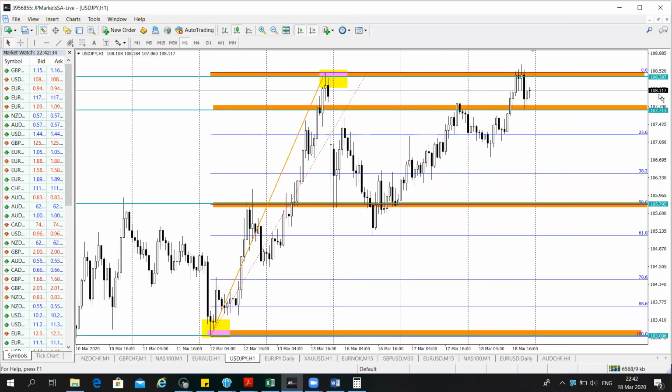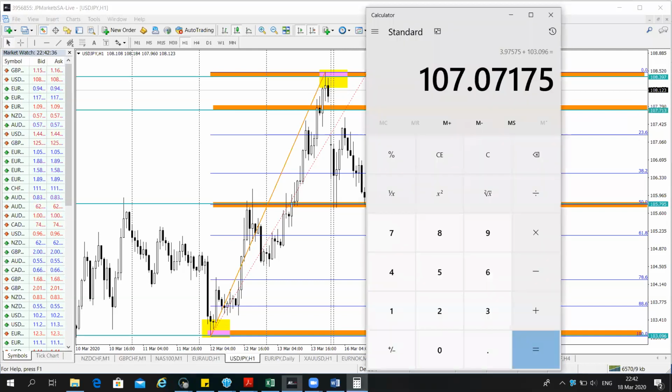It can be a retracement level, right? Therefore, I come back. Let me take the highest price, then minus the 103.096, which will take me to the lowest level that I can buy, right?